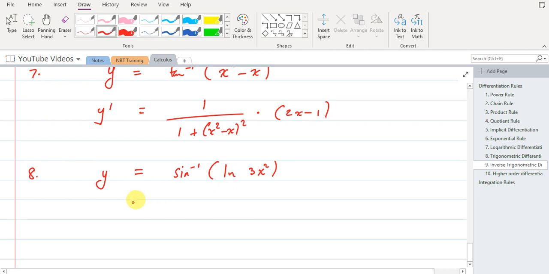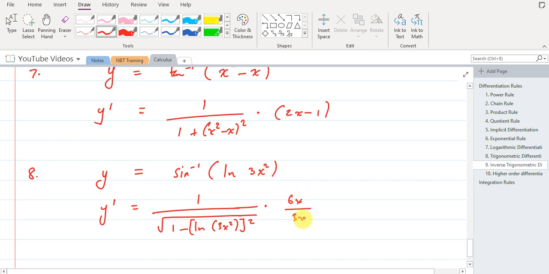Then what we'll say is y prime is equal to 1 over the square root of 1 minus ln 3x squared, and we need to square this as well, because it is the square root of 1 minus this here squared, times the derivative of this only, which will be 6x over 3x squared.